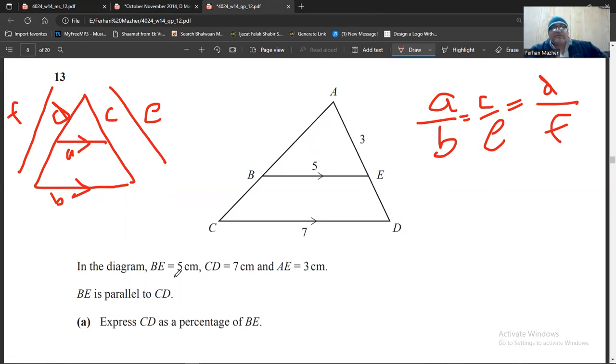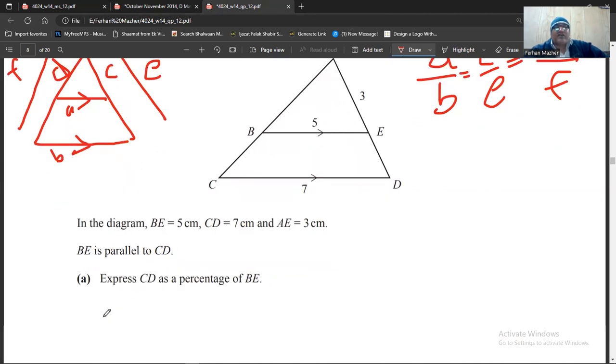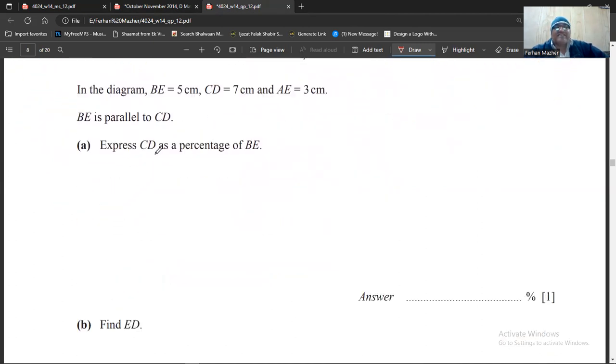In the diagram, BE is 5, CD is 7, AE is 3, and BE is parallel to CD. You can see these symbols also. His question is to express CD as a percentage of BE.